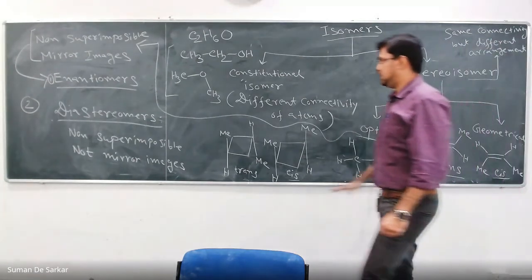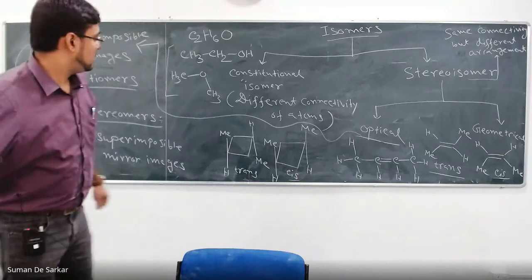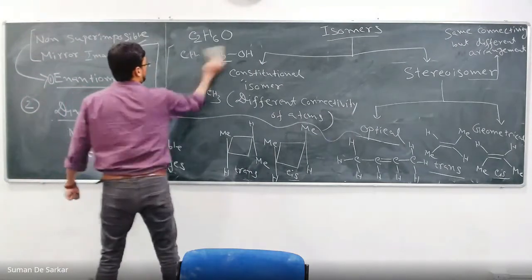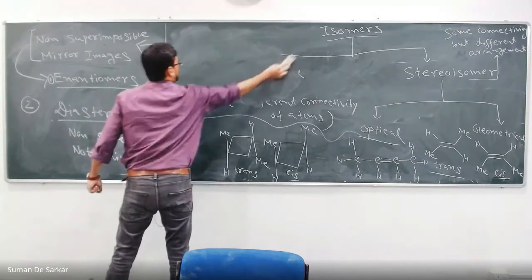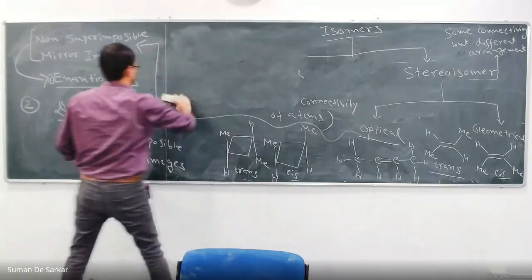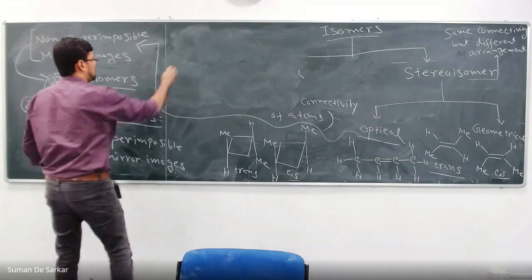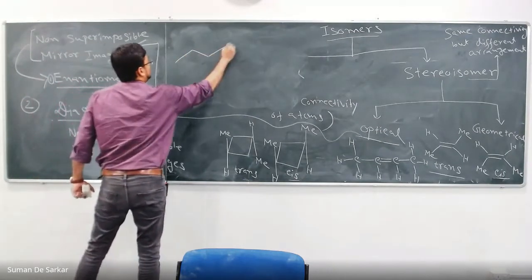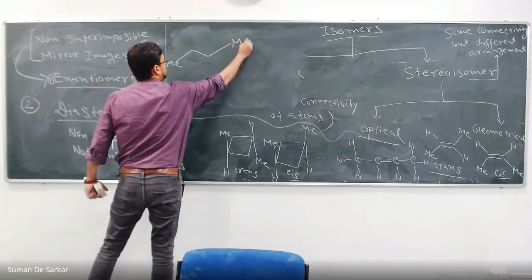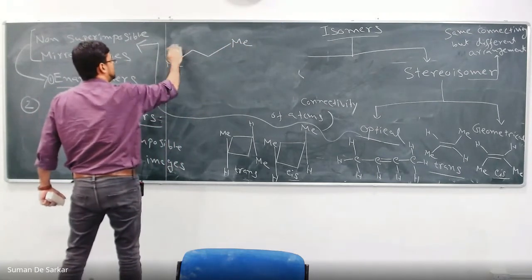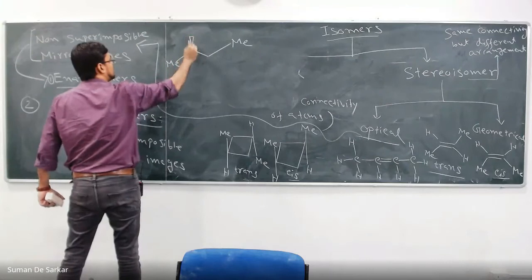Let me give you the example. Things will be more clear. Example of one diastereomer. Erase this part. Make some more space. Don't be afraid of the drawing. I promise that things will be easier after a few classes.